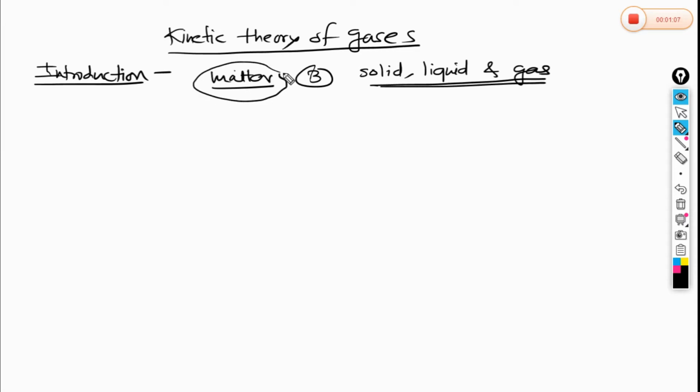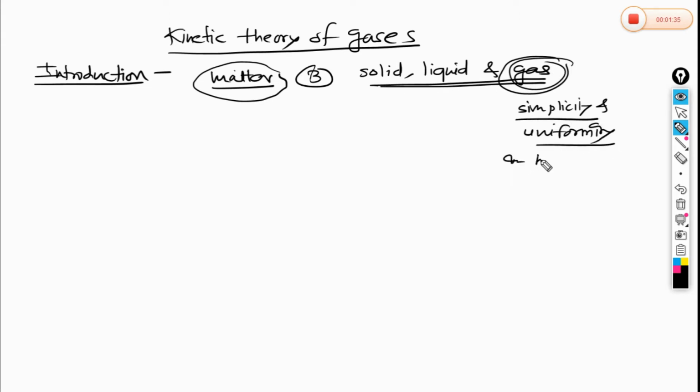The gaseous state is especially characterized by simplicity and uniformity in behavior.